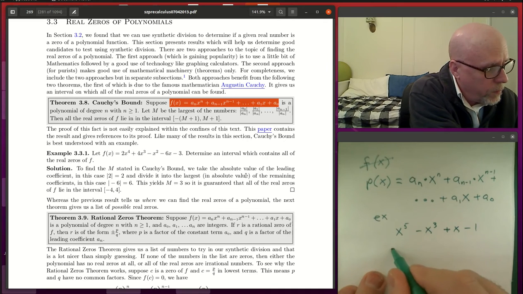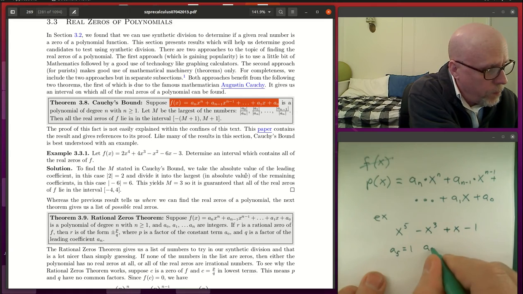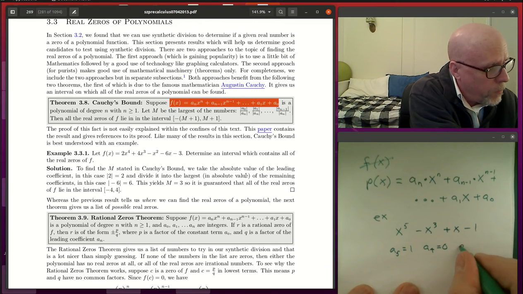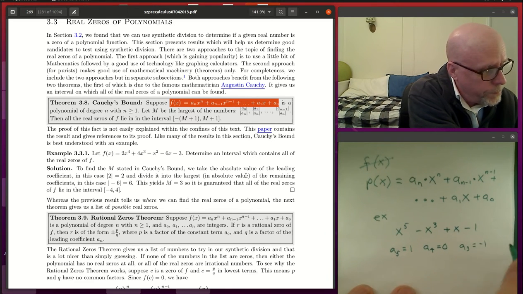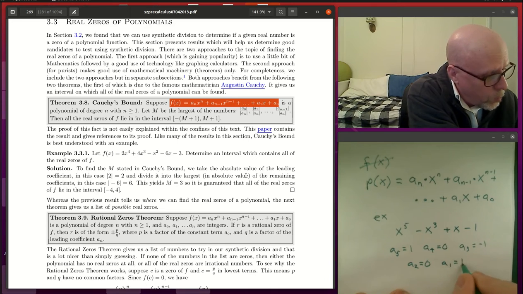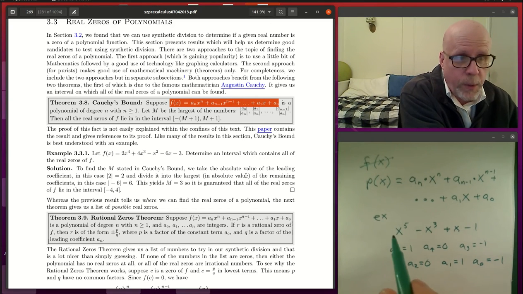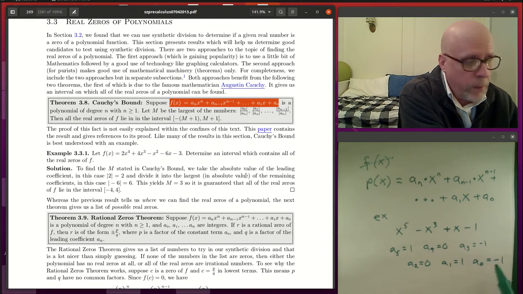Then what I've got in that guy is that a5 is 1, a4 is 0, because there is no x to the fourth term. A3 is minus 1. A2 is also 0. A1 is 1, and A0 is minus 1. The highest numbered A and the lowest numbered A have special names.